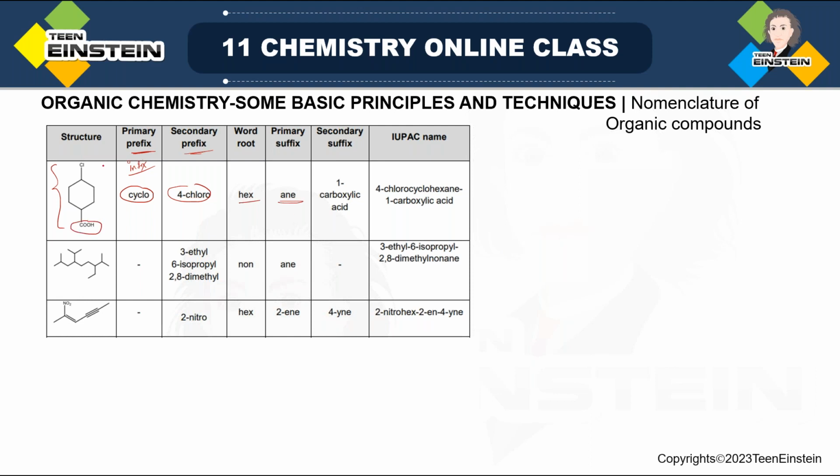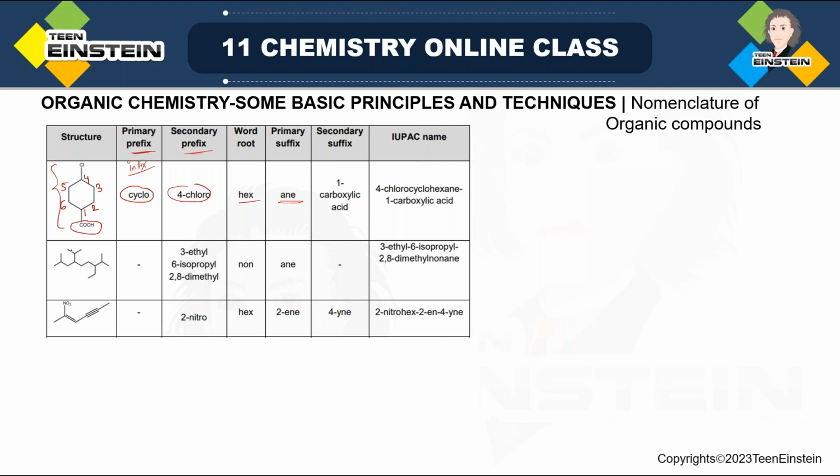But see, in the main chain, that is the cyclic chain, though CO2H is at one position, numbering is not started from CO2H. So it is not part of the parent chain. And we already know, from one of the previous classes, this rule: when the suffix is not the main functional group, it is not part of the main chain, whether it is cyclic or not.